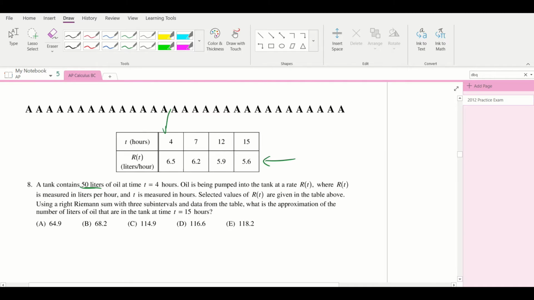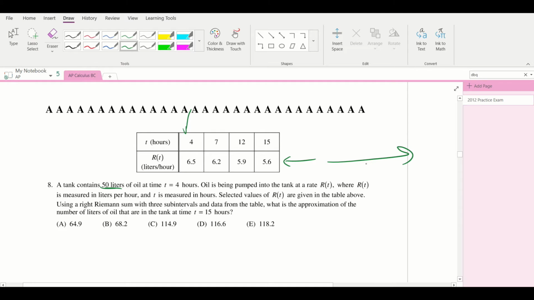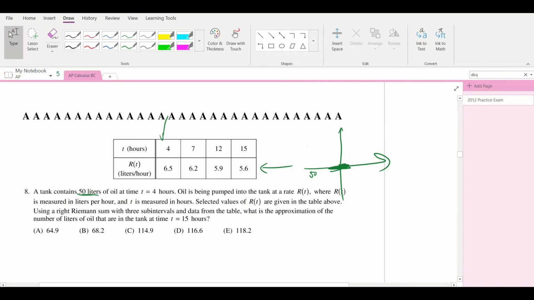So if I just draw it to visualize it here, if we set where y equals 0 would normally be to 50 liters, then to visualize it, I'm not really sure how to explain it, but if we have a graph of the liters per hour, or R of t here, and this is t, so this is 6.5, right?